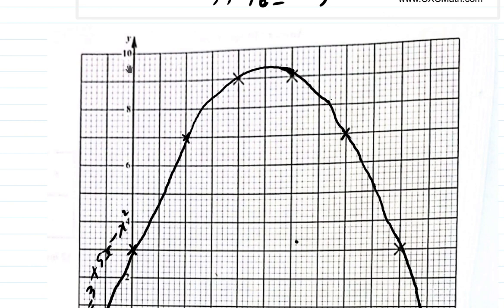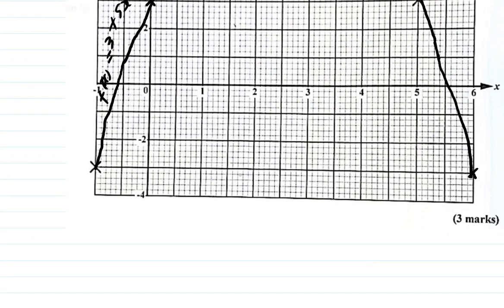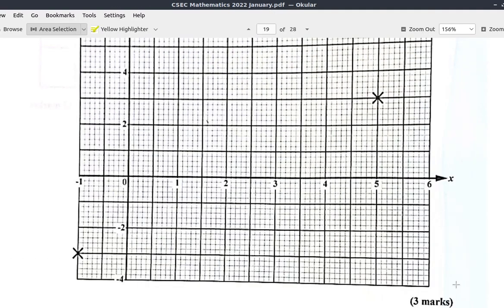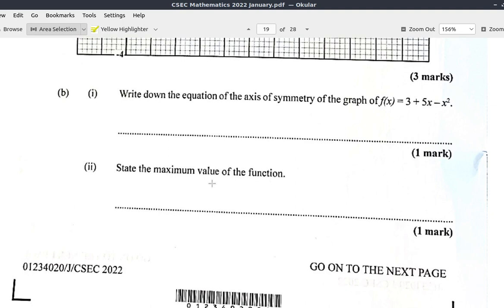Alright, it goes across to where? 8, 9, and 2, 4, 6, 8, 10. It seems as if it might be 9.4 or something. The maximum value would be about 9.4. And then it's from the graph that I estimated it. You could calculate it, so state the maximum value of the function.